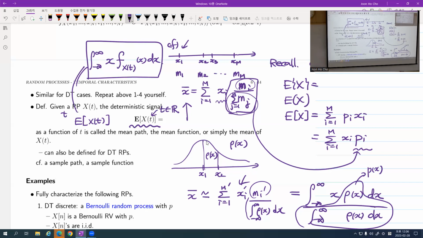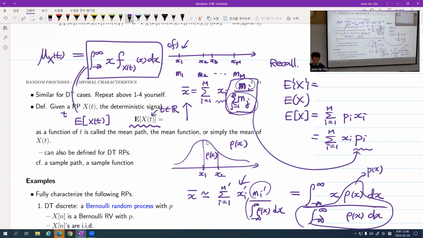So you may name this function of t as what? Let me use mu. But I want to be more specific. Okay, this is the expected value of the random process X. So let me put capital subscript X here. And this is one of the popular notations to mean the expected value of a random process X as a function of t. Got it?